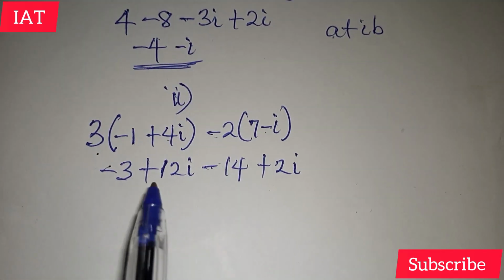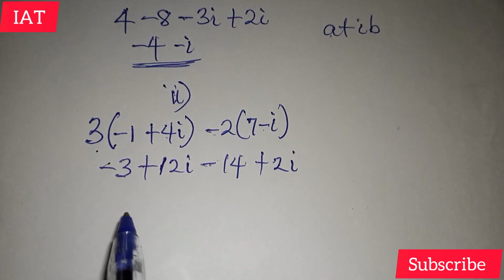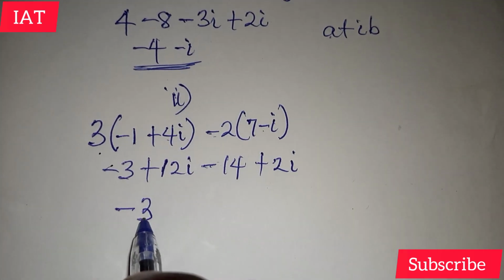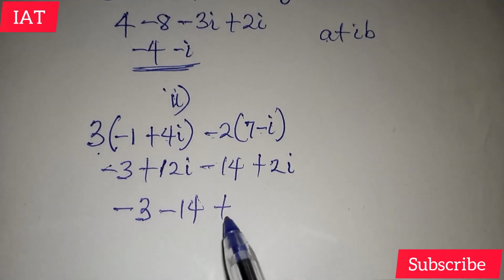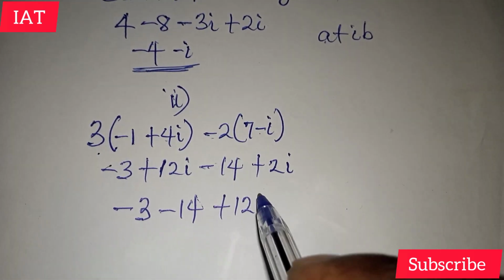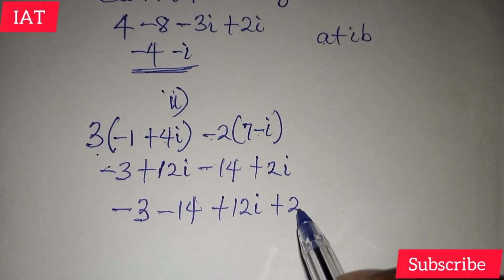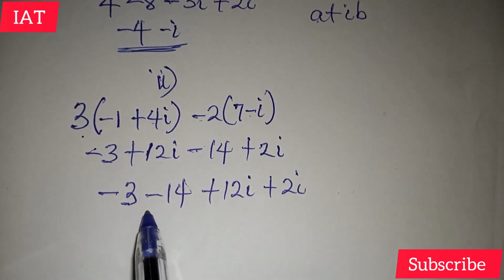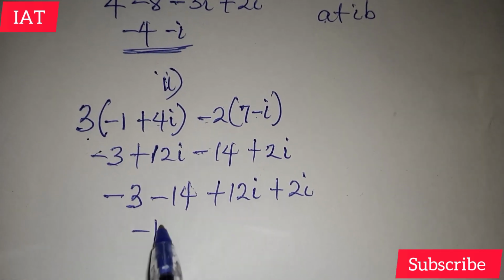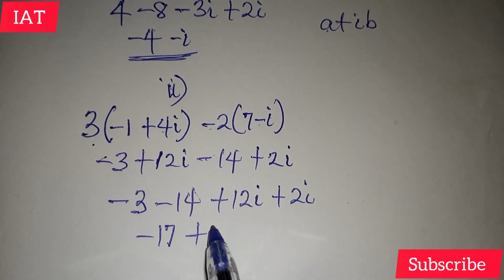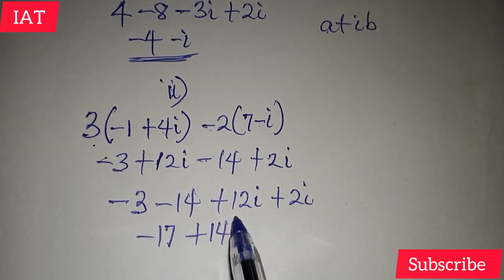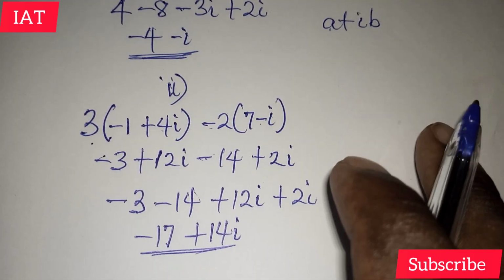Now we add up the real part, which is minus 3 minus 14, and also the imaginary parts, 12i plus 2i. If this sums up together, you have minus 17, and the other part sums up to give plus 14i. And this is the result for that.